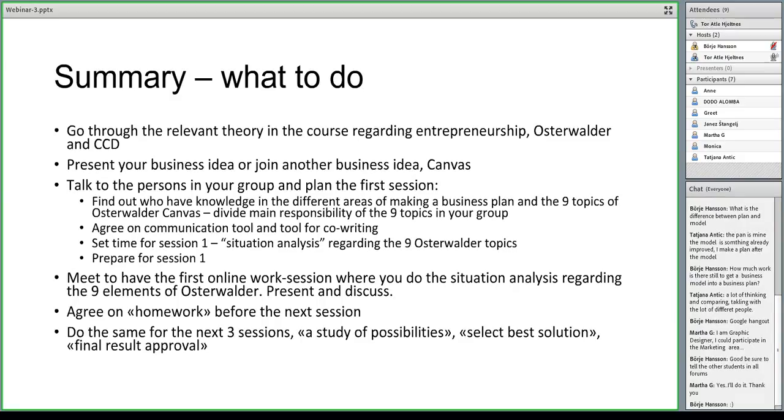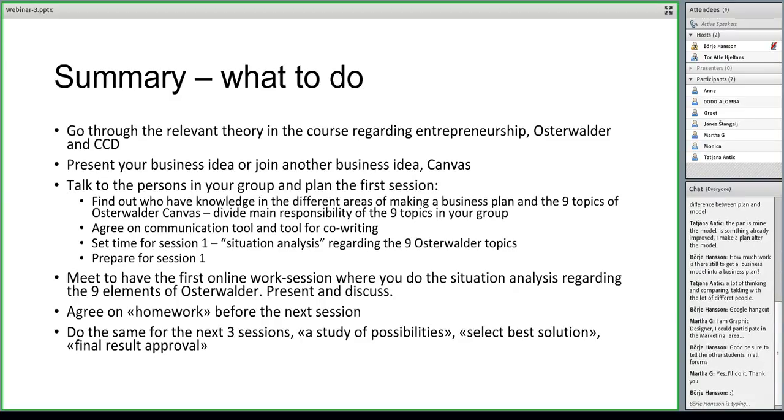I know that many persons have started this job. And then the challenging tasks start, because then you have to start talking to the persons in your group who are going to work with the same business idea and plan the first session. We would recommend that you try to find out who has knowledge in the different areas of making a business plan and the 9 topics of Osterwalder.